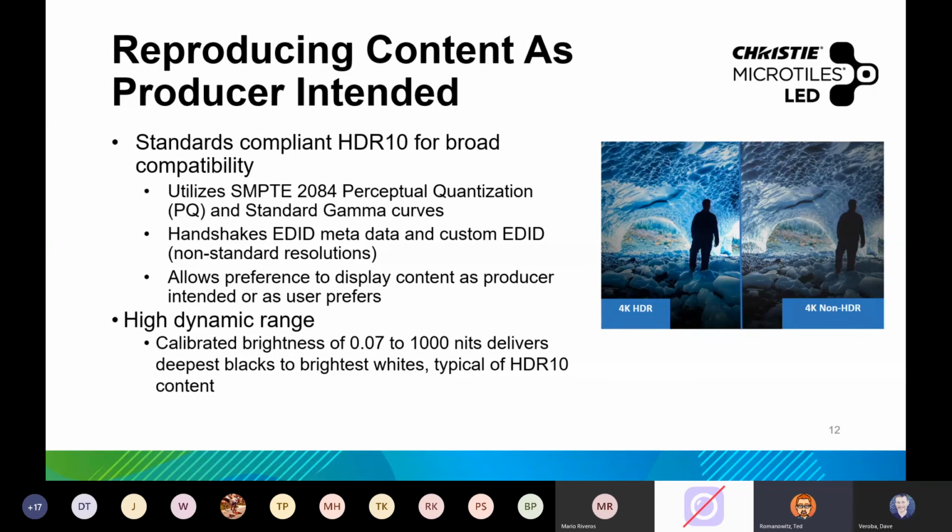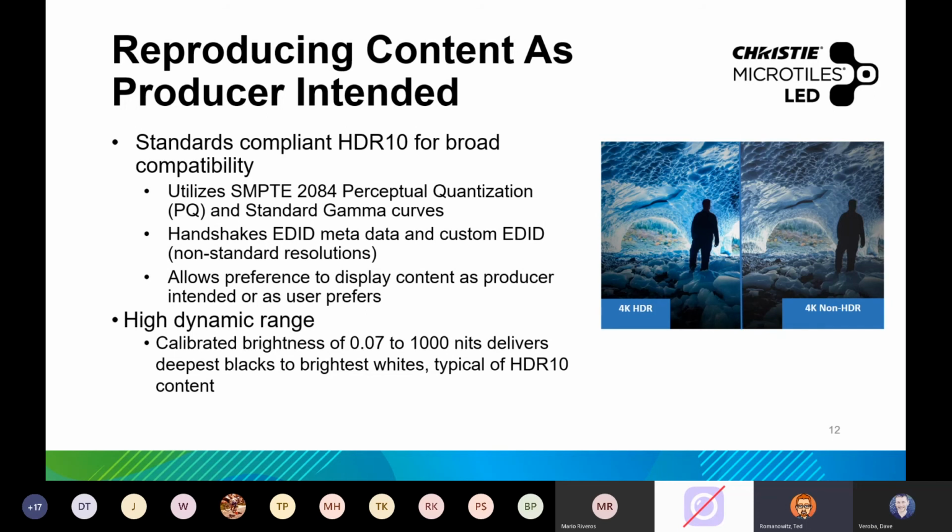This is exactly why we went with the standards-compliant HDR10 approach. So we use SMPTE 2084 PQ as well as standard gamma curves. In addition, we use the EDID metadata that's provided and adjust the content so it is as the producer intended.